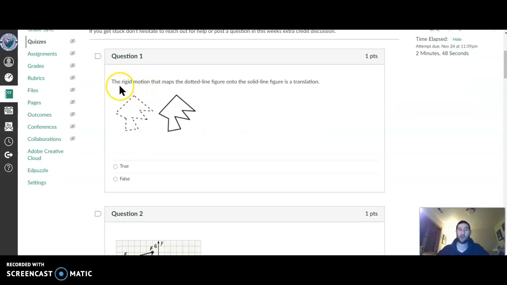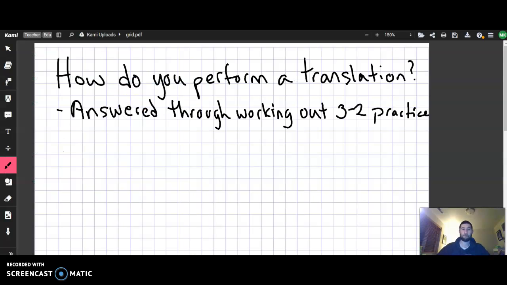First, question 1. The rigid motion that maps the dotted line figure to the solid line figure is a translation. True or false? First things first, let's talk about rigid motions one more time. So, question 1, rigid motion.